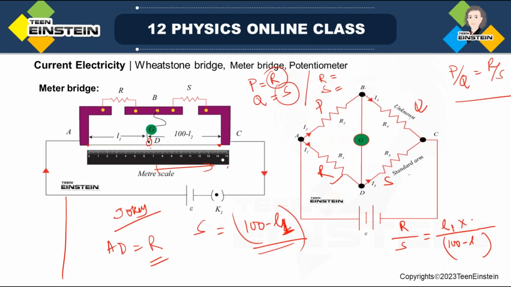Suppose the resistance per unit length is R1. So there also it will be R1, and with this, this can actually get cancelled.